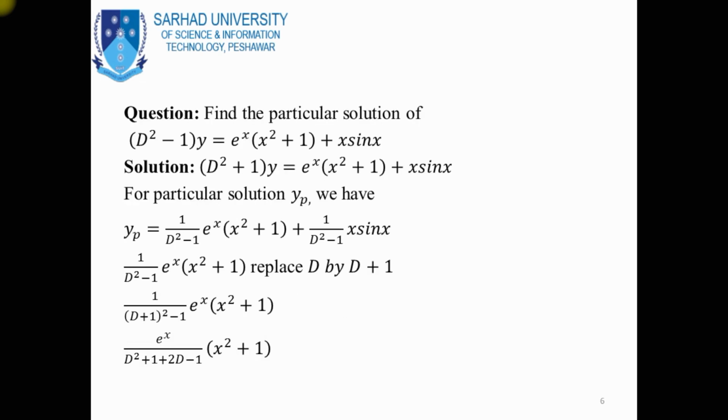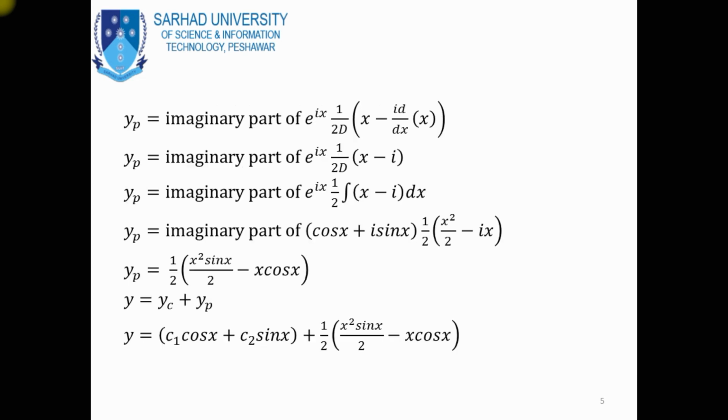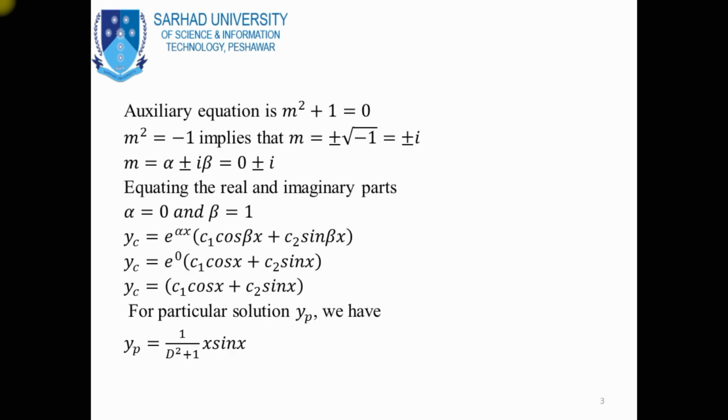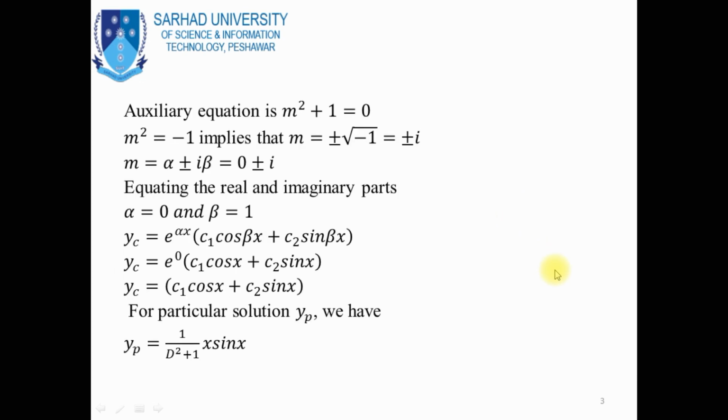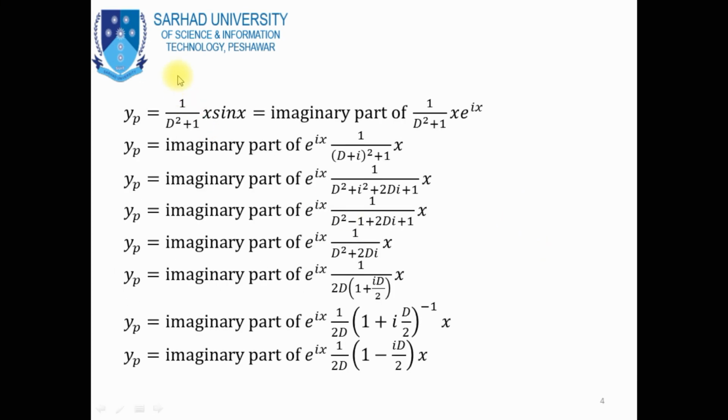Then we can easily find the particular solution for the case when sine x or cos x is multiplied with the polynomial. You see over here, sine x multiplied with the polynomial. So the particular solution will be 1 over operator, this is actually the inverse operator, into x sine x.